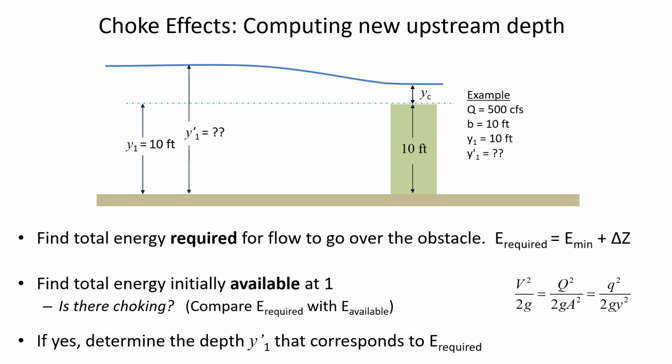That's the new depth. And the velocity head after pooling is going to be q squared divided by 2g y prime 1 squared. So this is the velocity head after pooling, and it's going to be equal to the E required. So it's going to be equal to 16.398 feet.